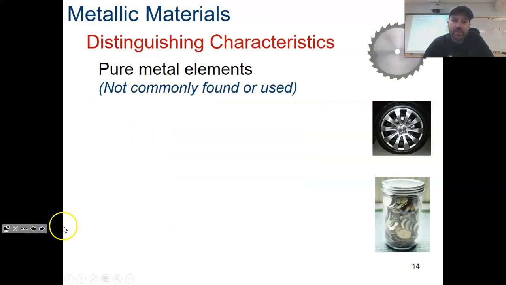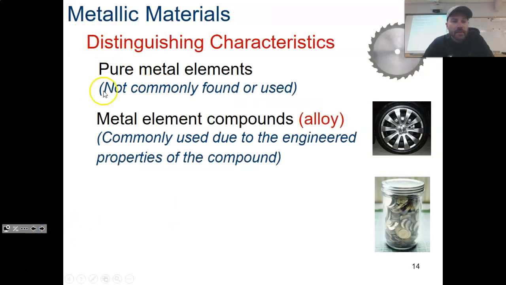Metallic materials are pure metal elements, not commonly found or used, except aluminum. Aluminum is a pure metal element that we use; steel is not. You're combining, I think it's carbon with, I'm not exactly sure what steel is.